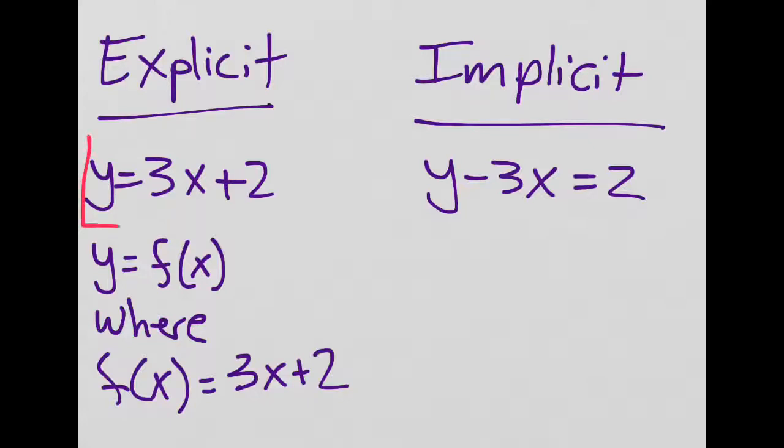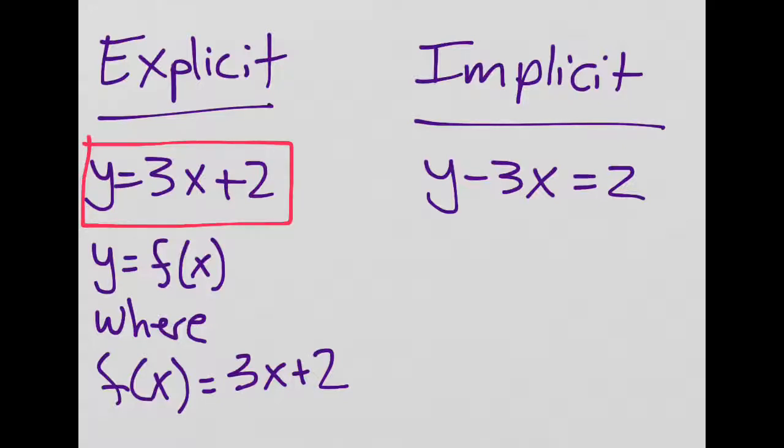So an explicit function is basically what you would probably think of as a, quote, normal function. It's a function that is defined explicitly in terms of y as a function of x. So for example, when you have a function as y equals, and then on the other side of the equal sign you only have x's and just constant terms, that is an explicitly defined function.